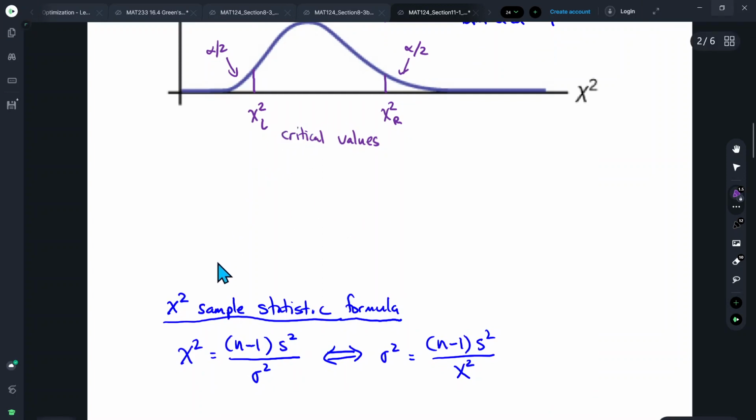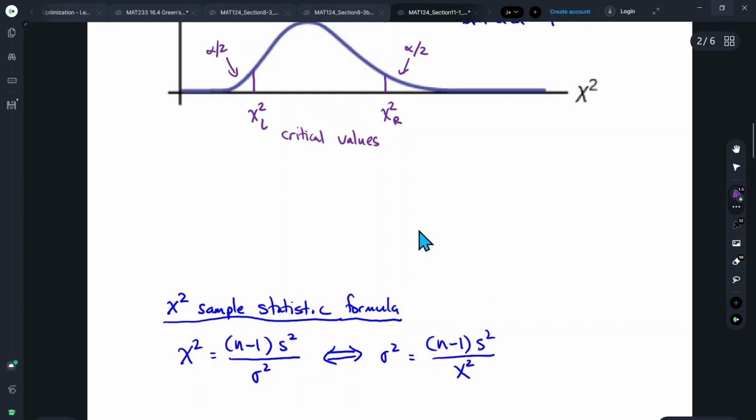The way we get the confidence interval is using the chi-square sample statistic formula. This formula relates the sample variance and the population variance to the chi-square statistic. We're trying to estimate the population variance, so we solve for sigma squared by cross multiplying.